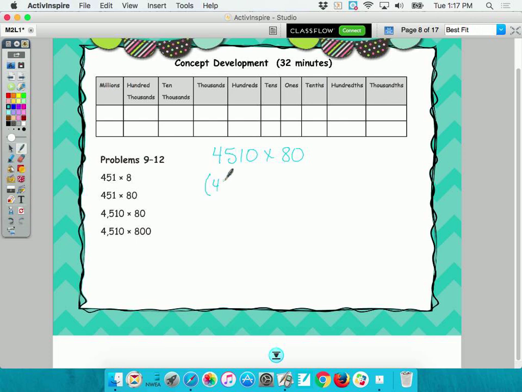This is 451 what? The 0 tells me what place value? Tens. 451 tens times 8 tens equals something or other.